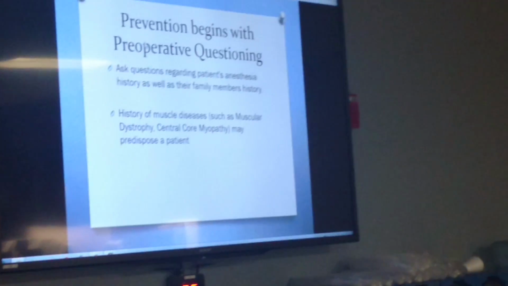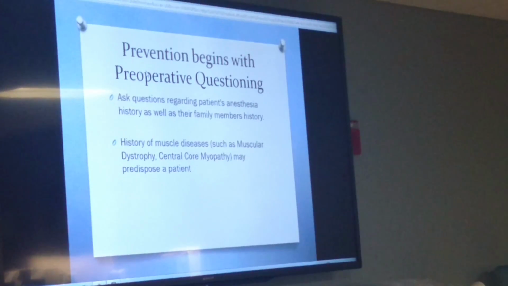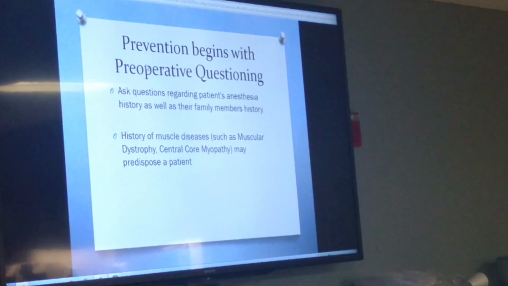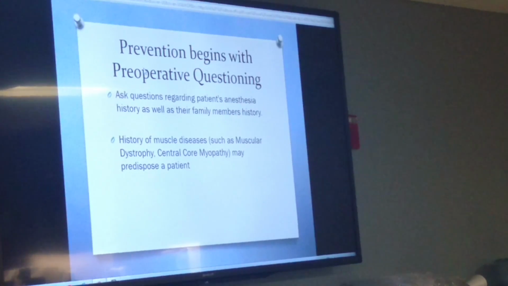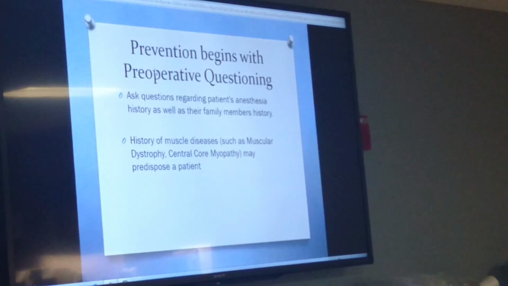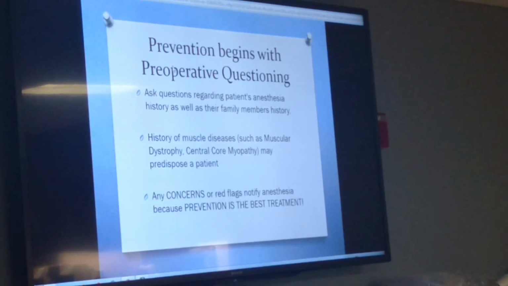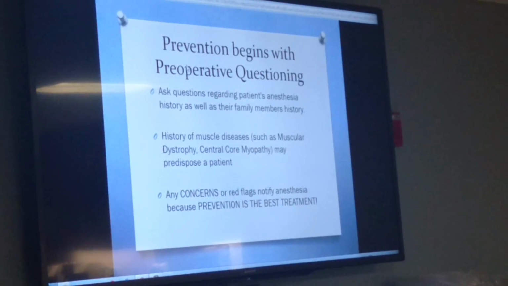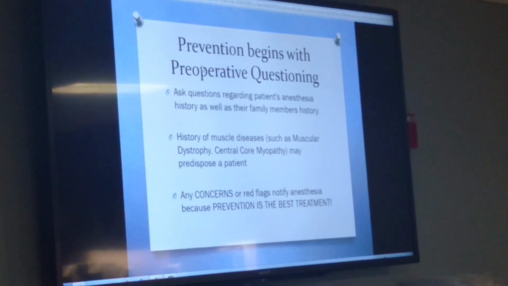So if they have a deficiency in the ryanodine receptor, you have to be careful of MH. So a lot of those patients, I know especially in the ASCs, they treat them like they're going to be a potential malignant hyperthermia case. Any concerns or red flags, you notify the anesthesia right away.